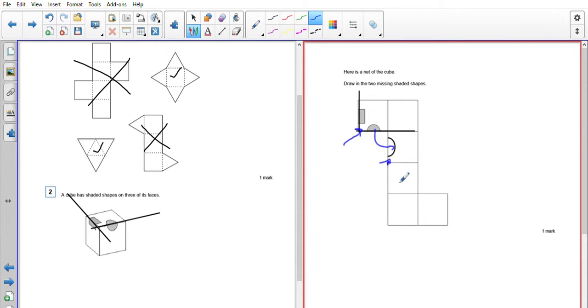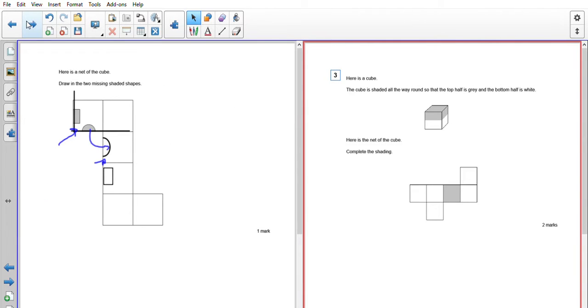And if you think about that, if you fold that top down and then roll it around in your brain, almost like you're wrapping it up, you'll see where that's going to meet, where that's going to join. So I can just pop in my little bit of it's a rectangle on this face here, about there. And again, that visualization, that being able to fold that up is the key to being able to solve questions like this where it's asking you about the net.